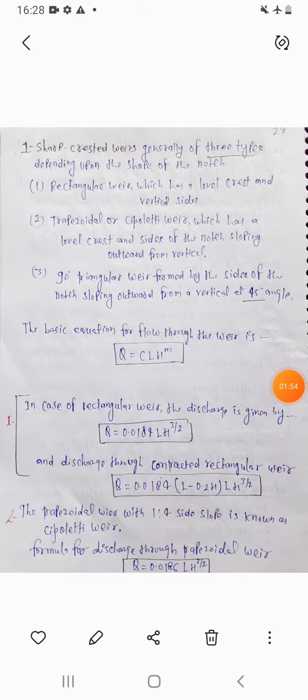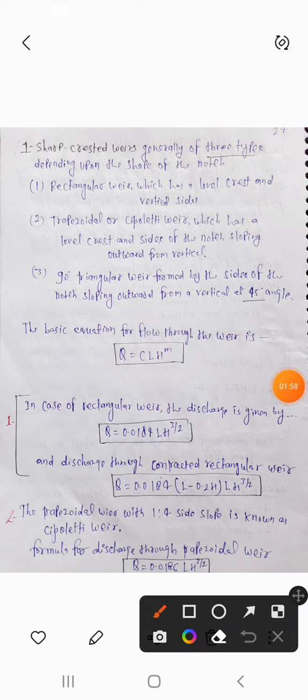So first is sharp crested weir. Generally there are three types of sharp crested weir, depending upon the shape of notch. First is rectangular weir, second is trapezoidal or Cipolletti weir, and third is 90-degree triangular weir or V-notch weir.